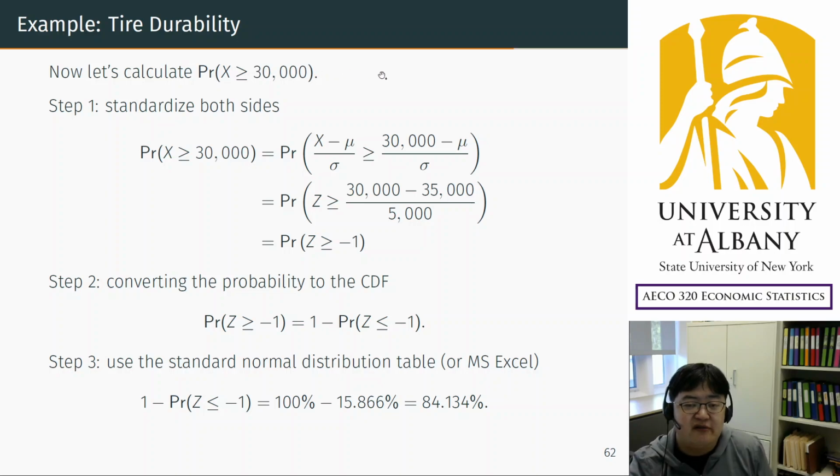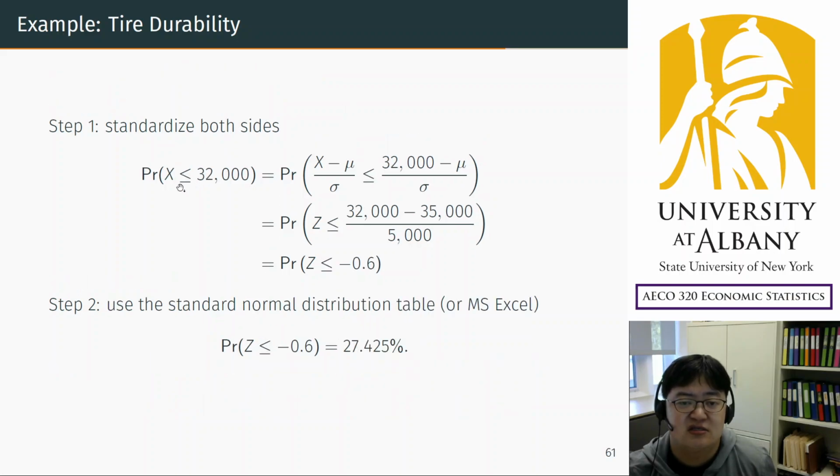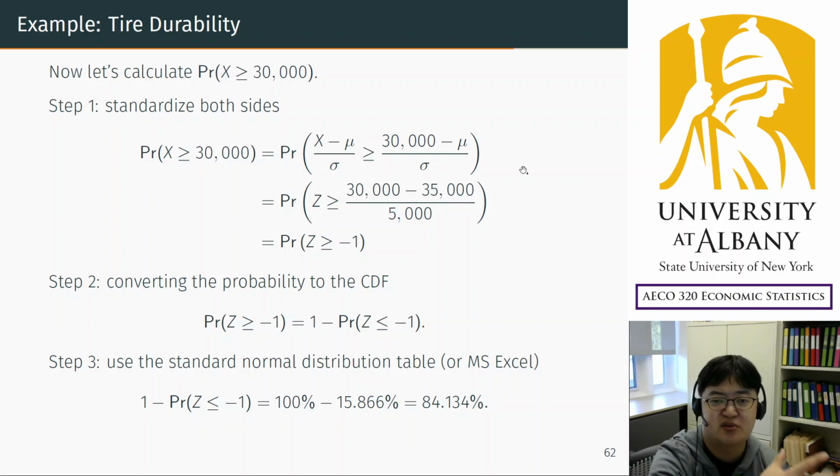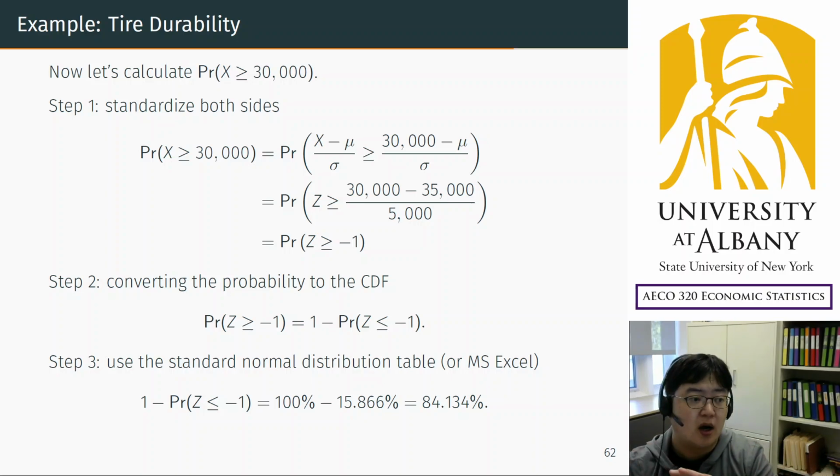And the difference is that the cumulative probability is in this form, Z smaller than something, but this is the other direction. So you have to have one additional step to convert the cumulative probability into the probability with the opposite inequality.